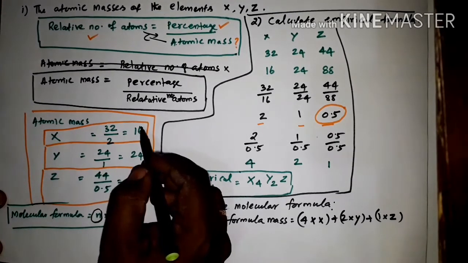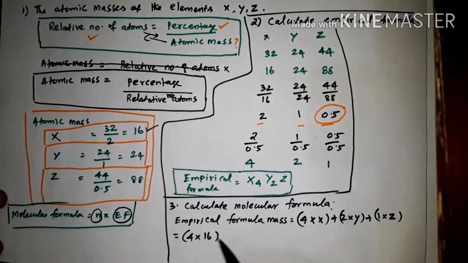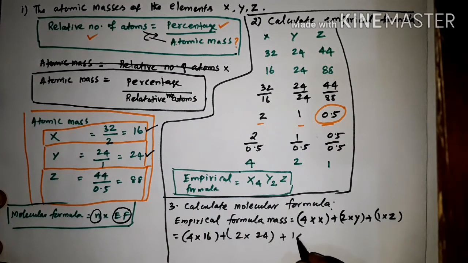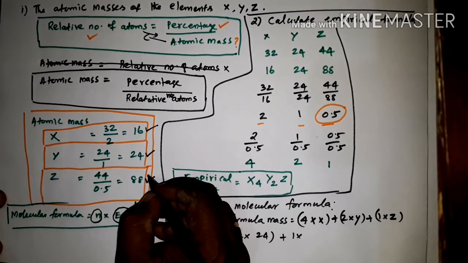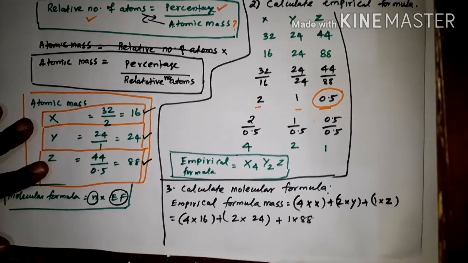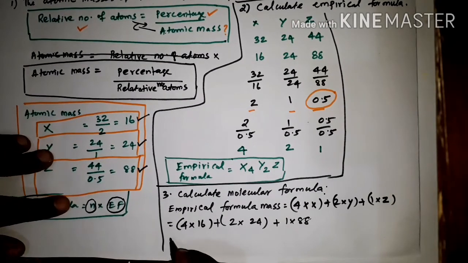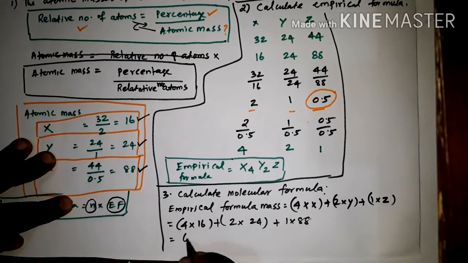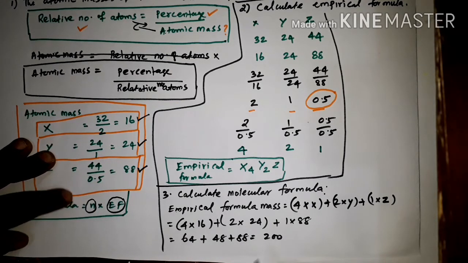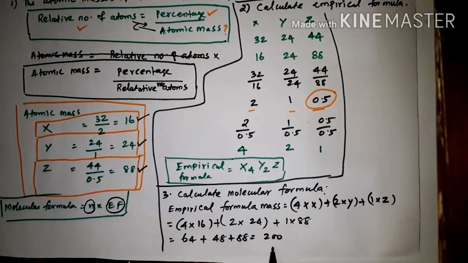See here, we already calculated the atomic mass, that is 16, plus 2 into the atomic mass of Y, that is 24, plus 1 into the atomic mass of Z, that is 88. You will get 64 plus 48 plus 88 equals 200. So the empirical formula mass is 200.